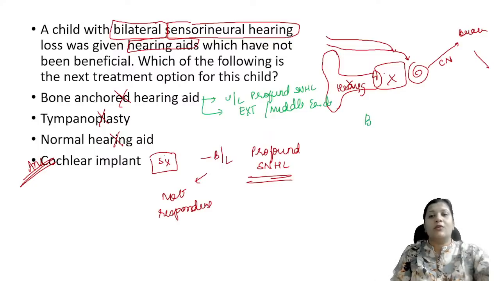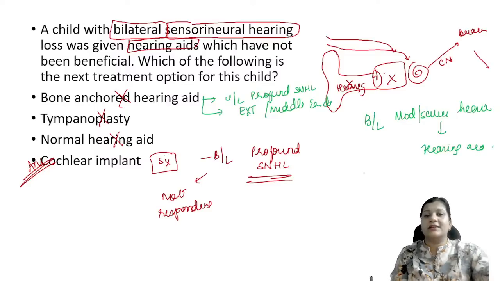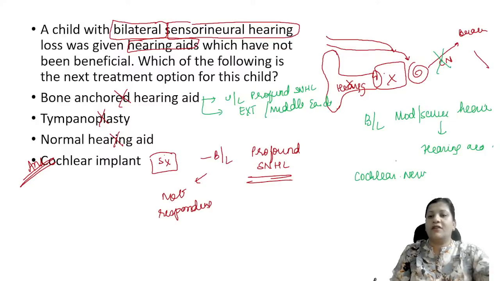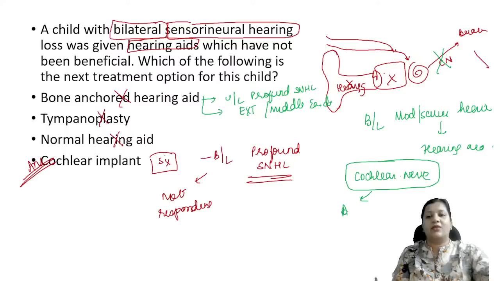If the question would be bilateral moderate or severe hearing loss, then your answer will be hearing aid. But if there is a cochlear nerve abnormality, the nerve is not functioning, then what will you give? Then you will rehabilitate with auditory brainstem implant, where you put an implant in the brainstem.